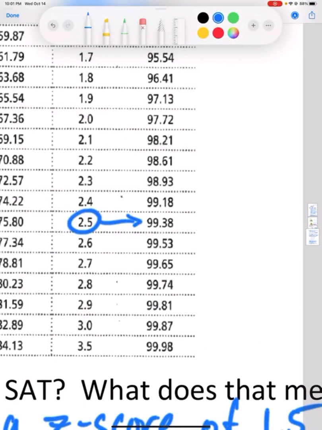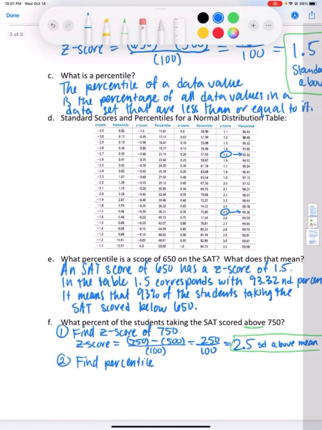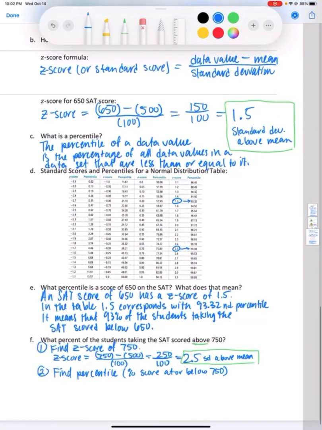We use the table, and 2.5 corresponds with 99.38, so the 99.38th percentile.